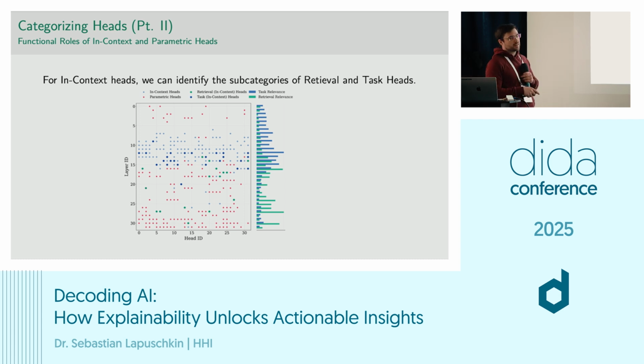And if we then augment the map we had previously, we can see that the placement of those in-context and retrieval heads, of course, is close to the band of in-context heads in general. But we also see that the relevance attributed from heads to the task, the question posed, is situated earlier in the model, and later we have more relevance from heads which are categorized as retrieval heads.